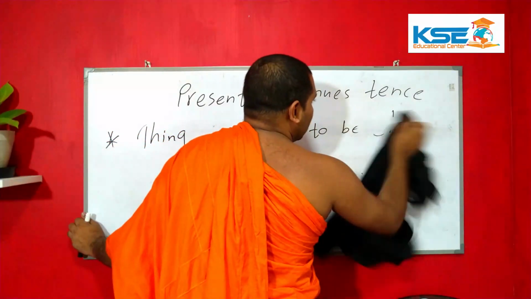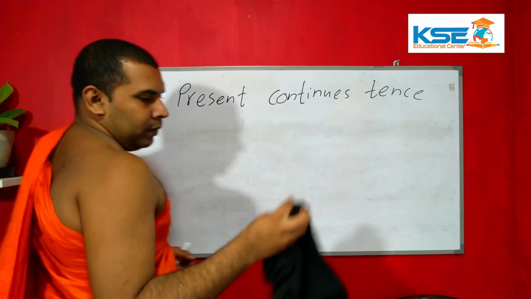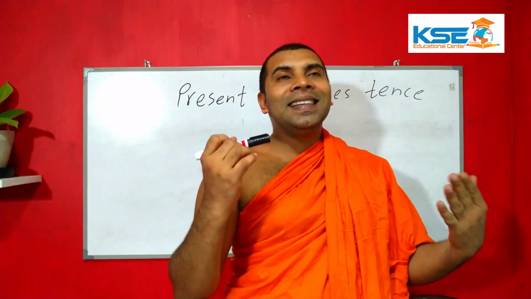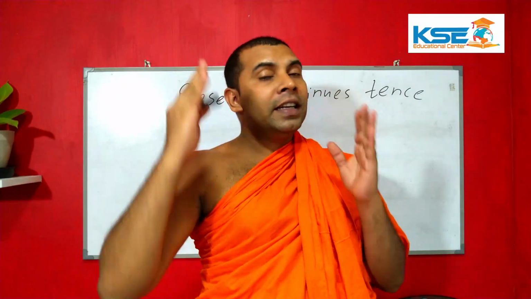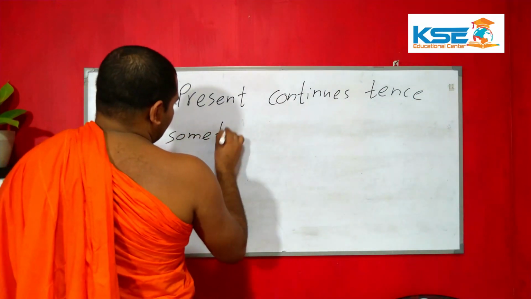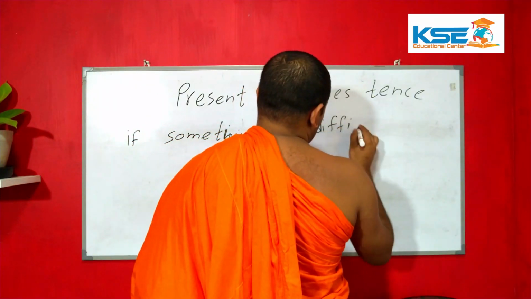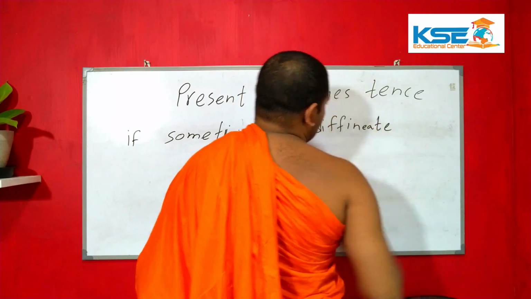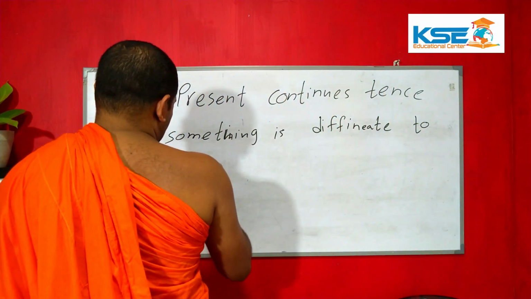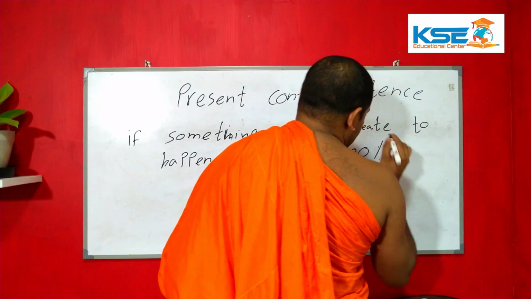So there is another rule in English. You can use the continuous tense to talk about when something is going to happen in the future, if it is definite, if something is definite to happen in the future, because it's 100% happening.